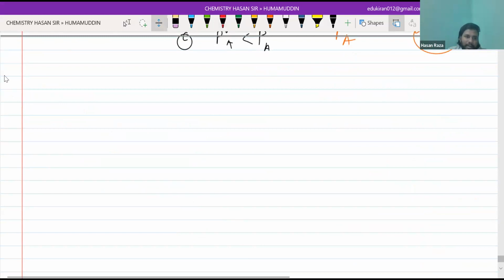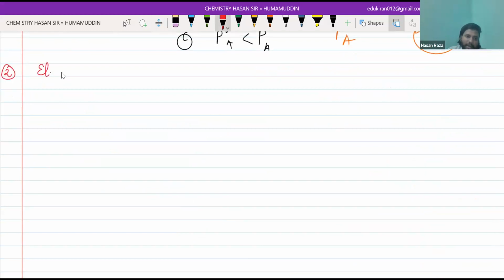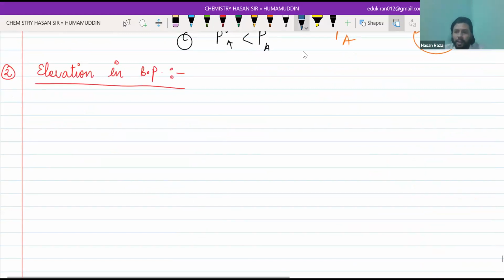The next colligative property is this, elevation in boiling point. As you know, when you mix a non-volatile solute into a volatile solvent, the vapor pressure decreases, hence the force of attraction increases and hence the boiling point increases. That's why the topic is elevation in boiling point.